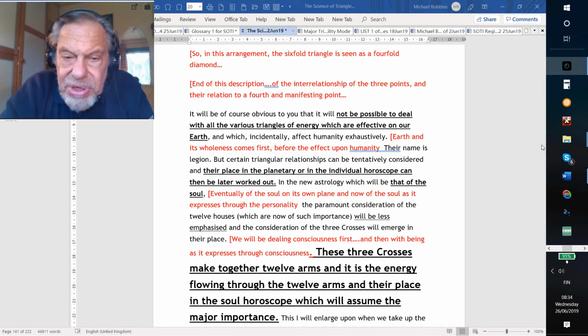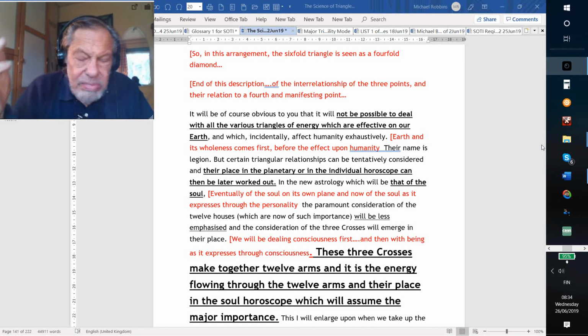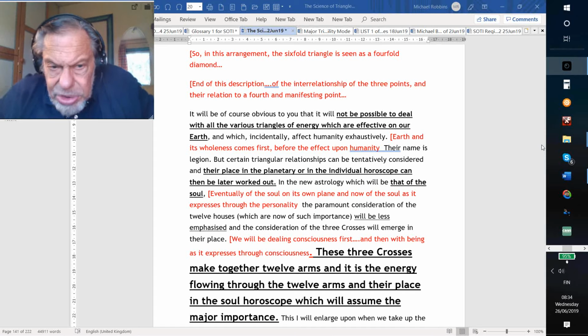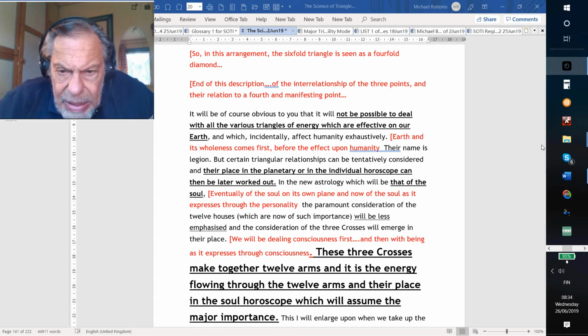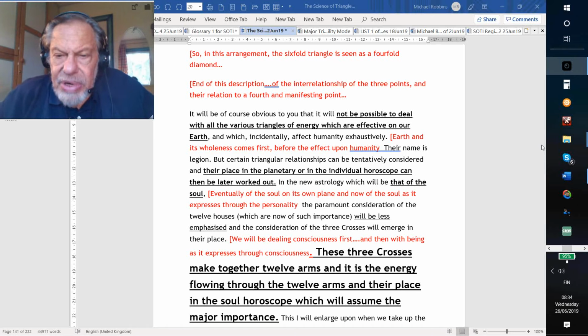The paramount consideration of the 12 houses, which are now of such importance to all of us, will be less emphasized, and the consideration of the 3 crosses will emerge in their place. So from the houses to the crosses.